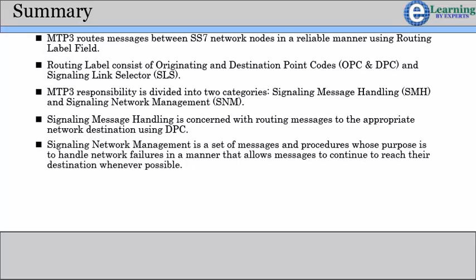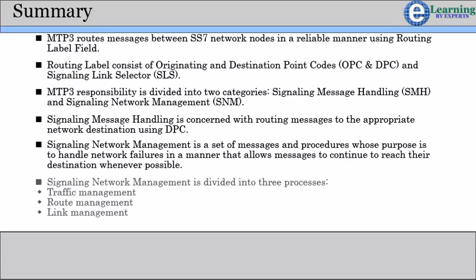Signaling network management is a set of messages and procedures whose purpose is to handle network failures in a manner that allows messages to continue to reach their destination whenever possible. Signaling network management is divided into three processes: traffic management, route management, and link management.